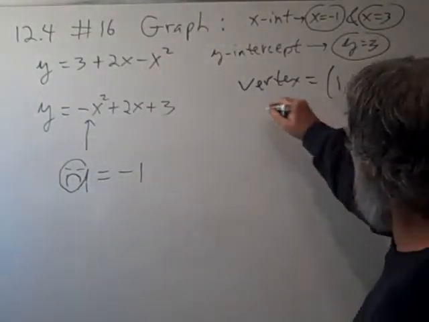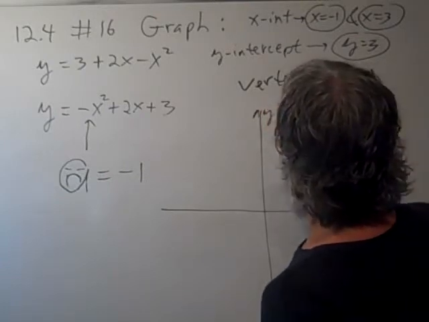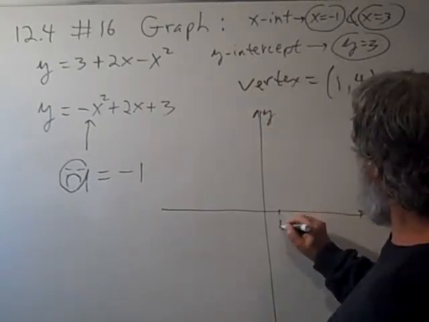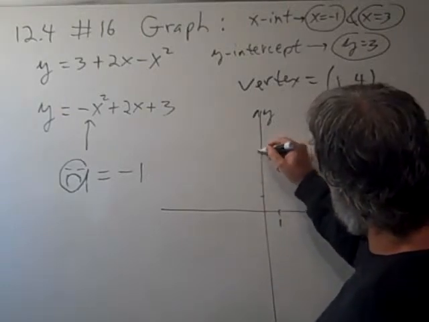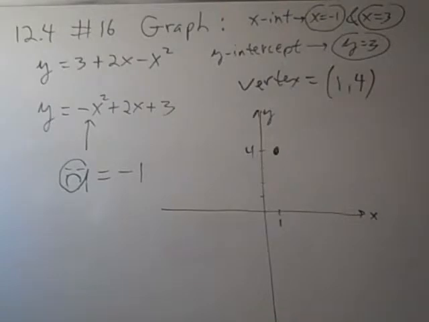Okay, let's graph this thing. So the vertex is at 1, 4. Let's go over 1 and up 1, 2, 3, 4. So here's the vertex. The y-intercept is at 3.